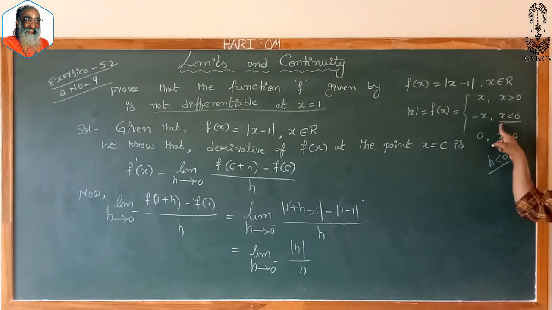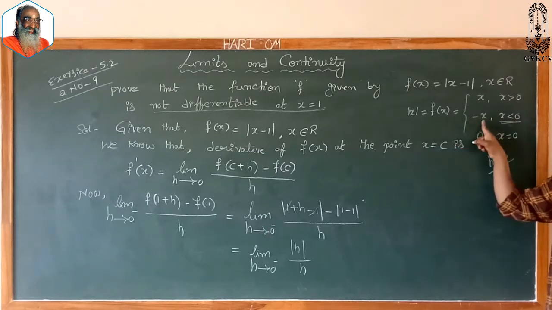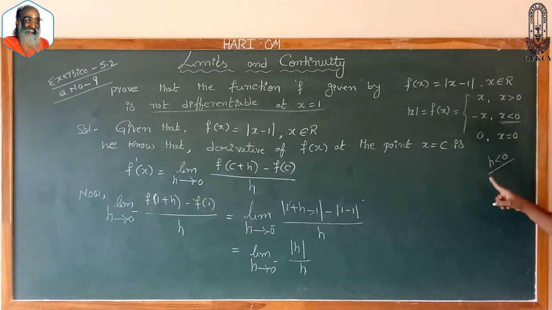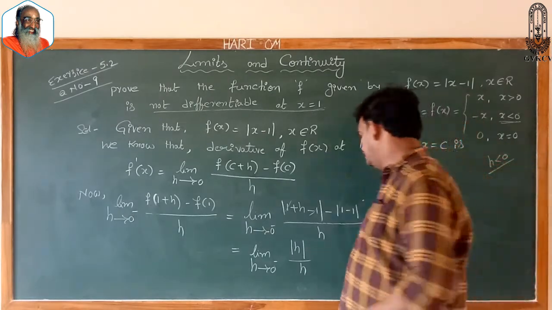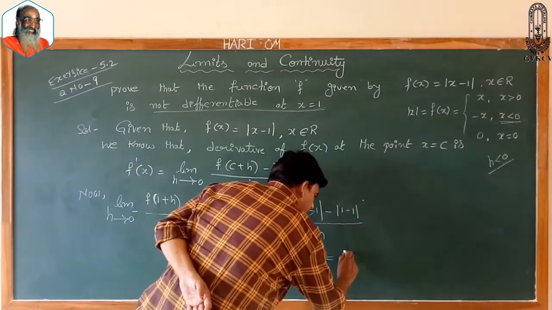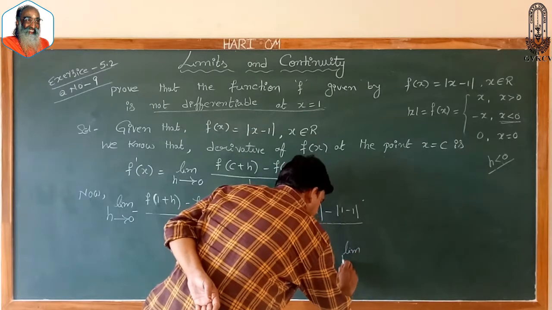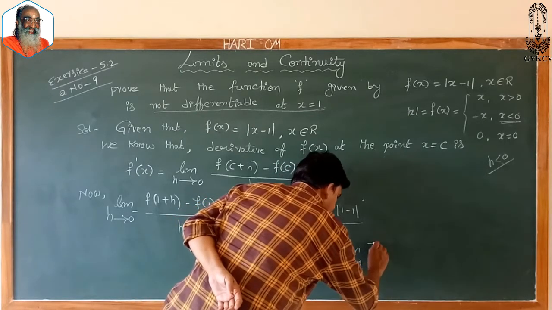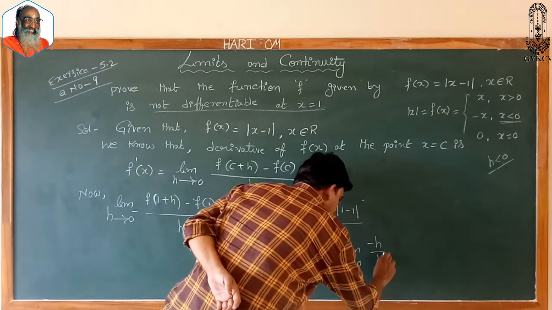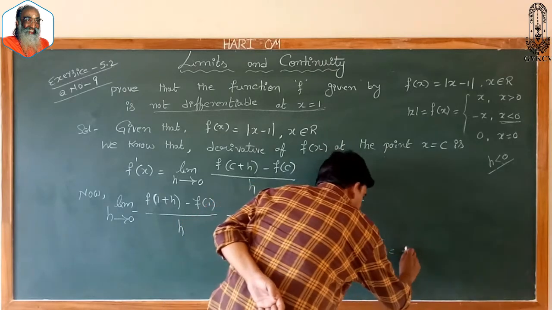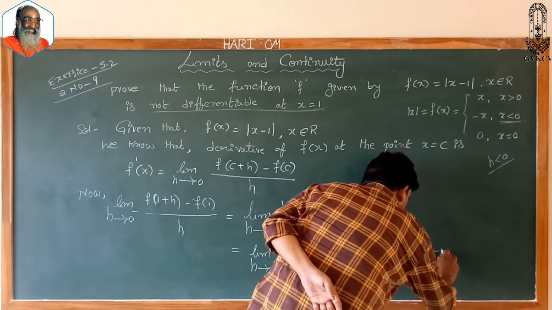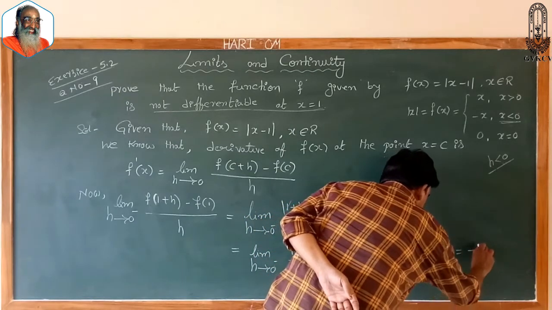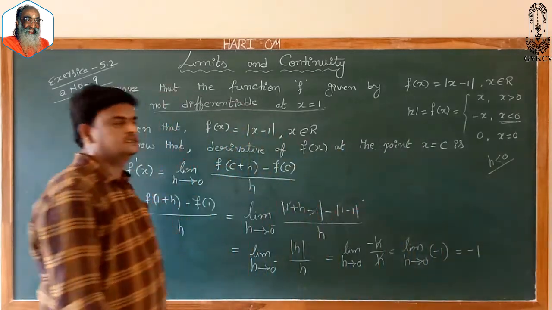As I told you in the definition of the modulus function, when x is less than 0, modulus of x becomes minus x. So when h is less than 0, modulus of h becomes minus h. So we have limit h tends to 0 minus of minus h by h, and h can get cancelled. We have limit h tends to 0 minus of minus 1. Finally, we have the value minus 1.